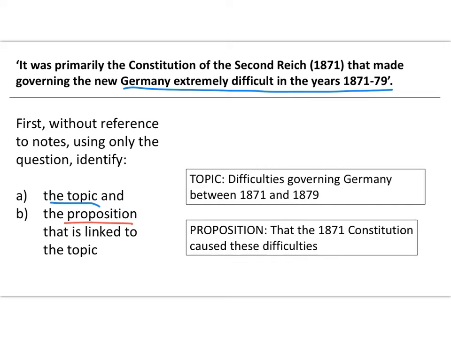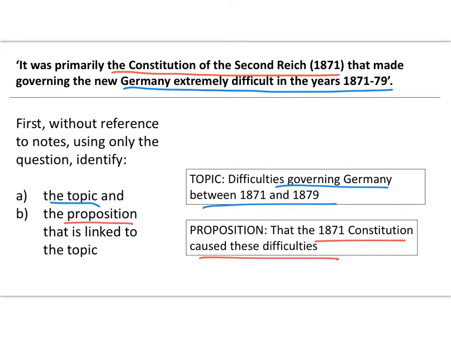In this particular case, the constitution of the Second Reich is presented to you as a reason why Germany was difficult to govern. So you've therefore got the proposition, the 1871 constitution caused difficulties, and you've got the topic itself, which is the difficulties governing Germany between 1871 and 1879.